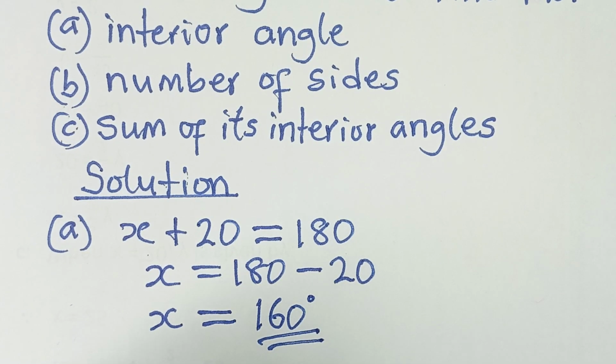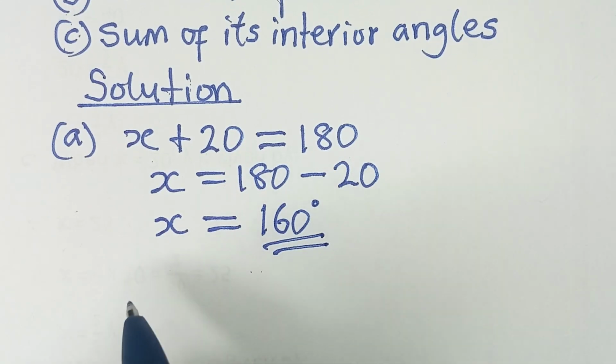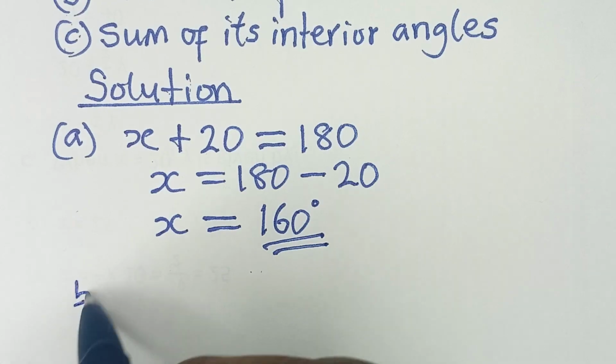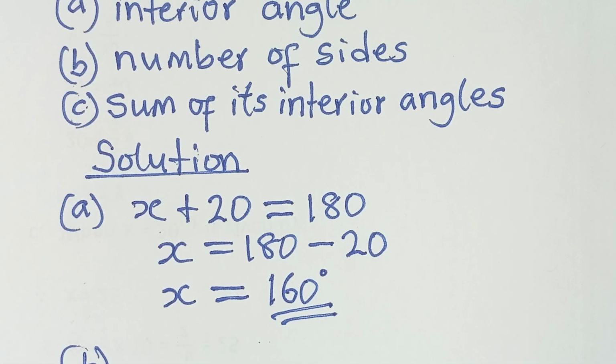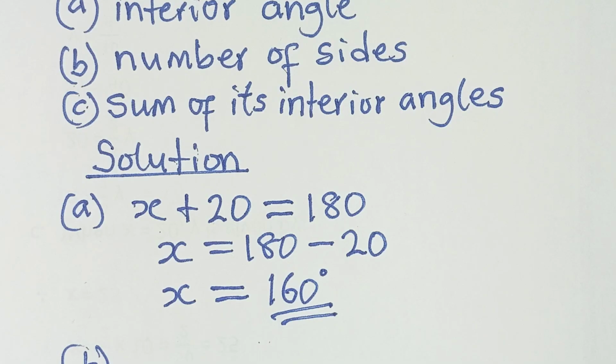Now, the second question, let's move to the B part of the question. The B part is asking us to find the number of sides of the polygon.